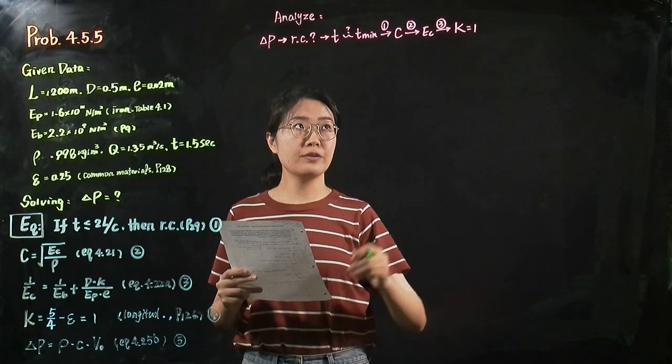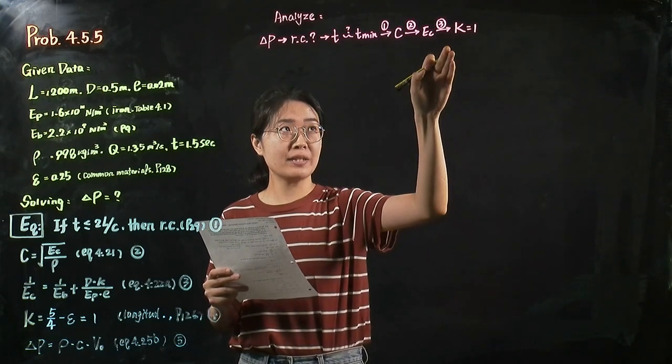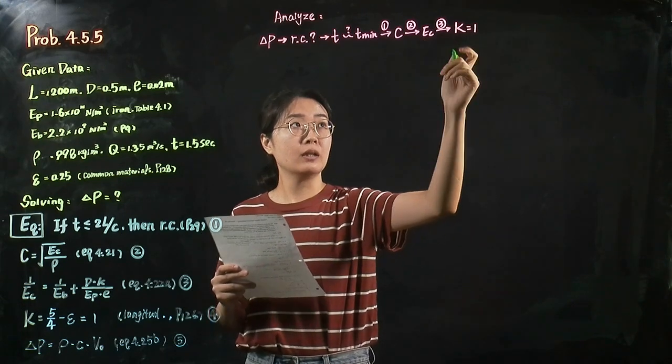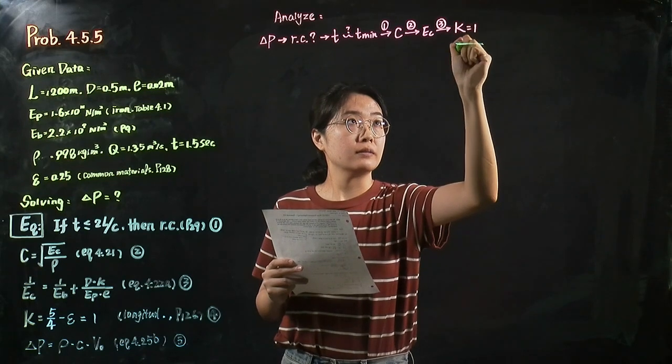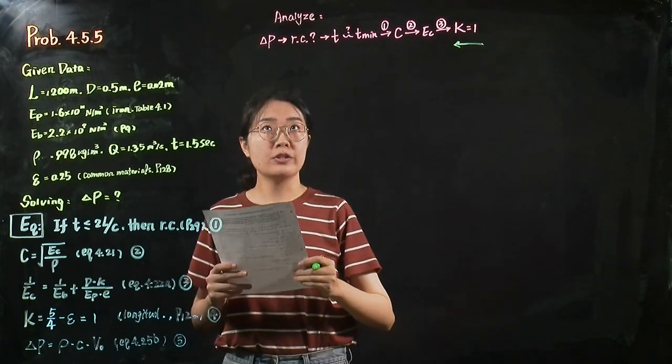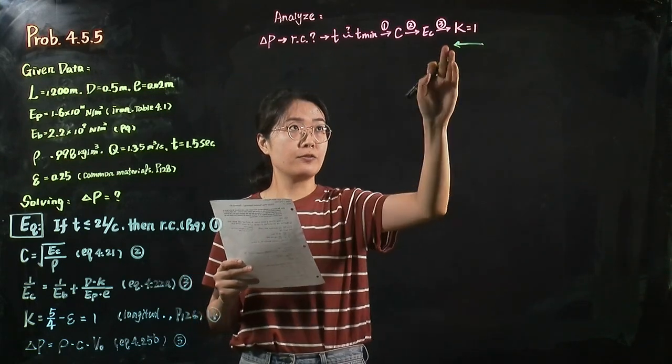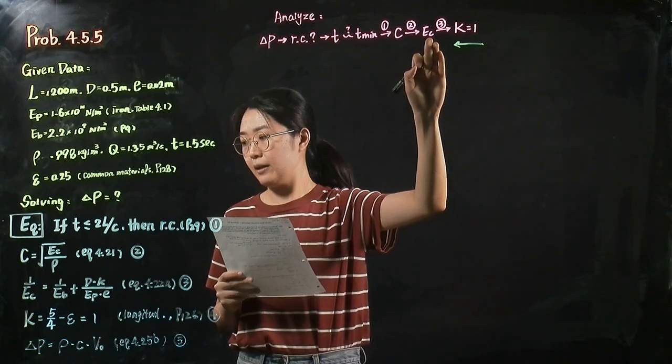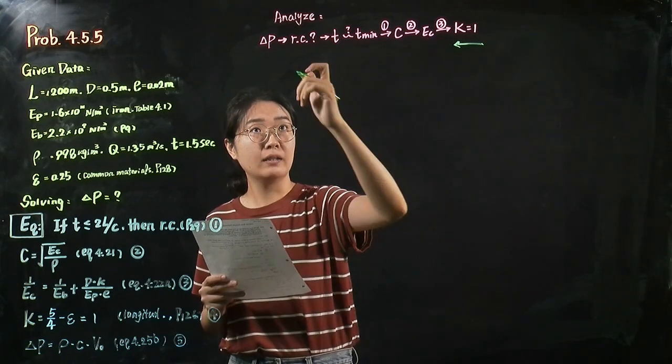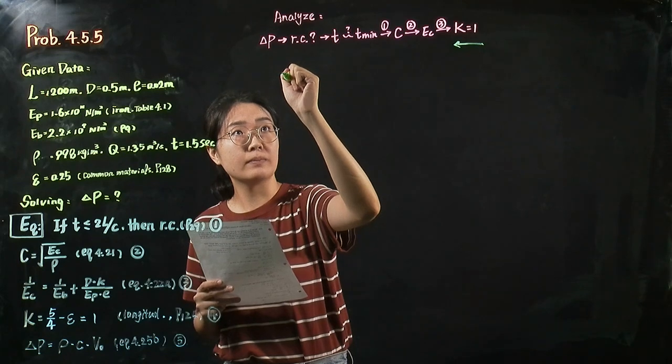Okay, based on the flowchart we already have, let's calculate each parameter in reverse order to calculate the delta P. So first, we want to calculate the composite elasticity of the system.